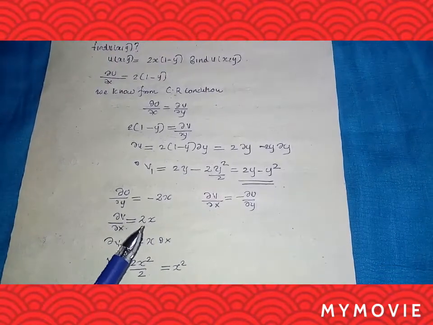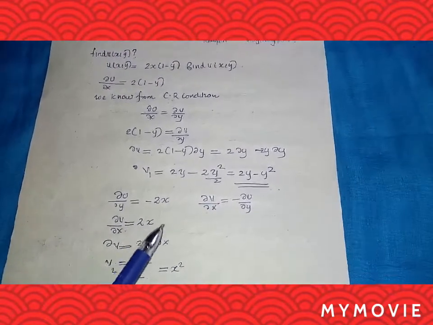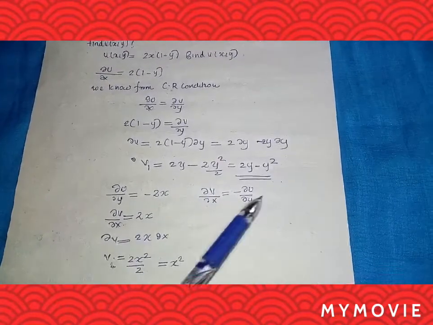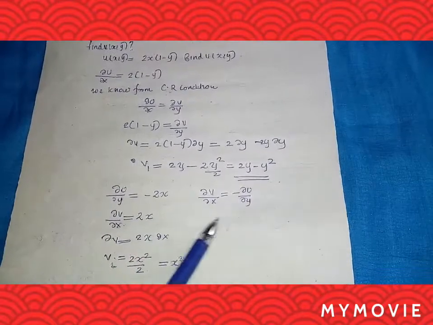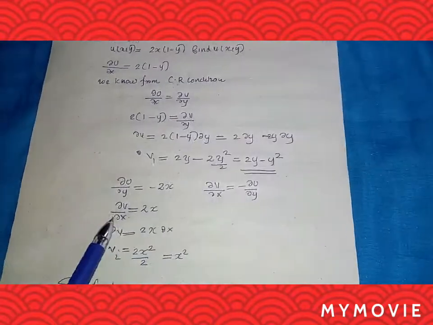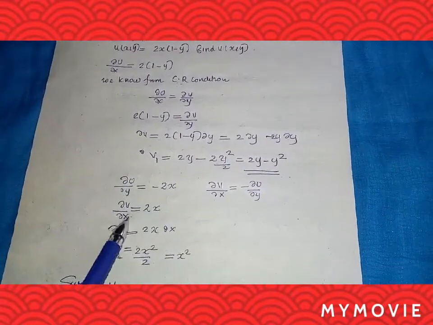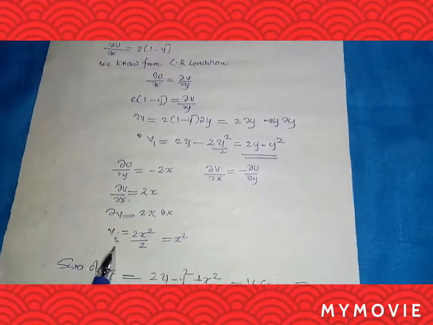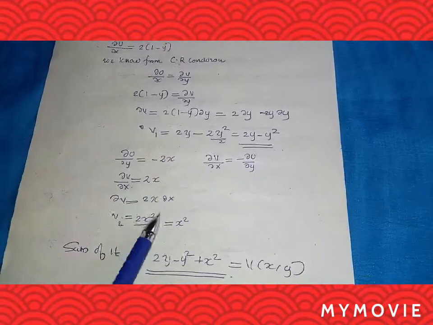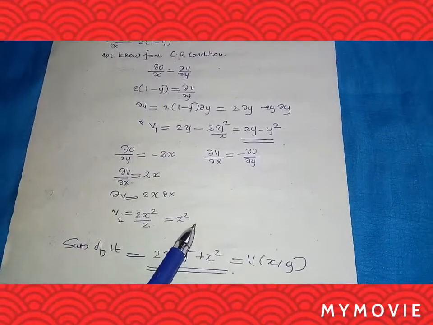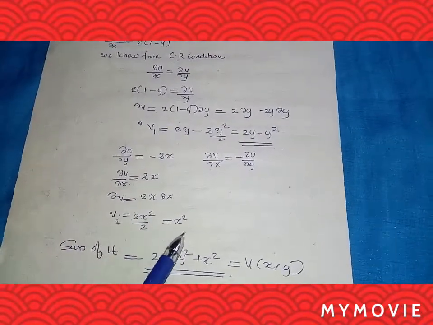So from that we get dou v by dou x is equal to 2x, because dou v by dou x is equal to minus of dou u by dou y, and dou v is equal to 2x dou x. Integrating this expression with respect to x, we get v as x square.